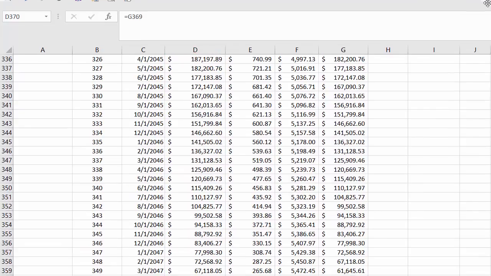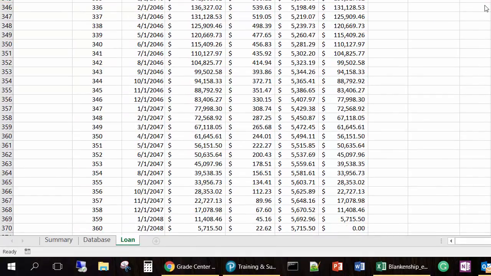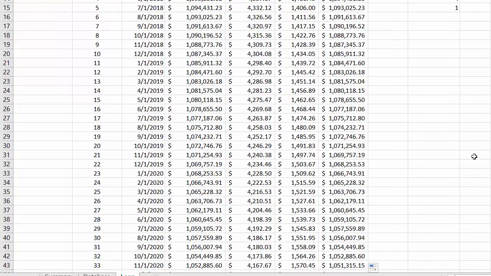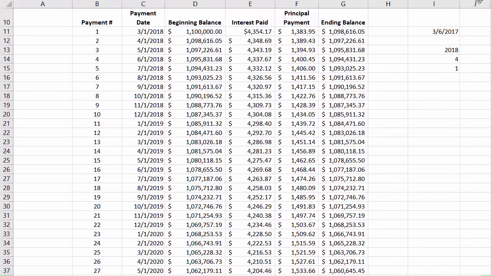And if I scroll to the bottom here, scroll up a little, you can see that the ending balance on the 360th payment is 0. And that's how you check and see if you did everything correctly. I'll scroll back up to the top so you can see that.